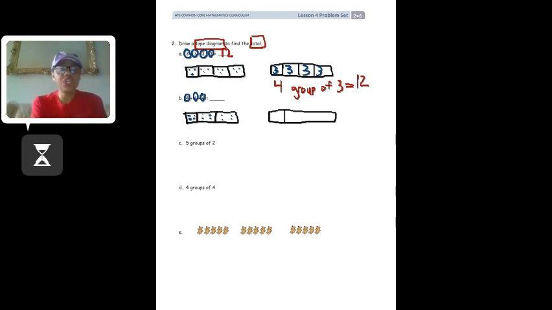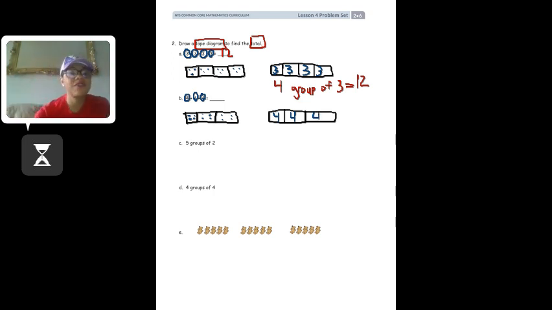There's going to be 3 equal sized groups because we had 1, 2, 3 equal sized squares in our first tape diagram. So we're going to have 3 equal squares in our diagram when we do our numbers. And so what number goes in each one? We have 4 in this group, 4 in this group, and then we're going to have 4 in this group because there were 4 circles in each equal sized square of our tape diagram.